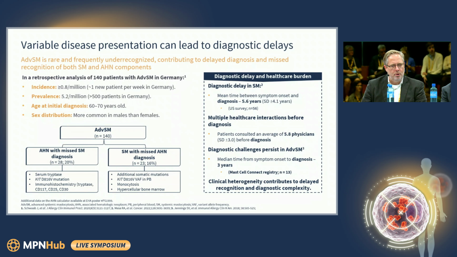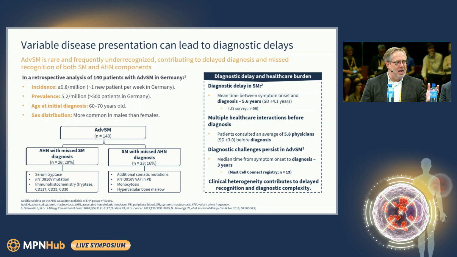So very important. And what does it mean in the daily routine? In fact, we identified 30 to 40% of our patients with advanced systemic mastocytosis from other patients. So cohort number 1, the patients who have been diagnosed with CMML or with myelofibrosis.